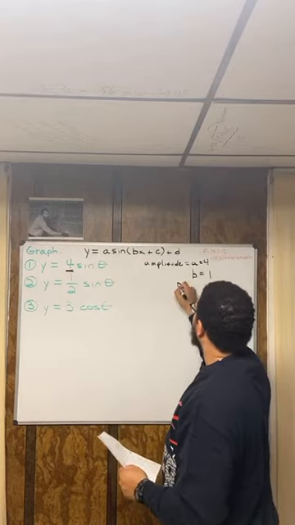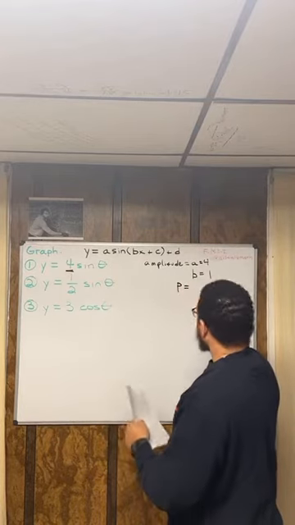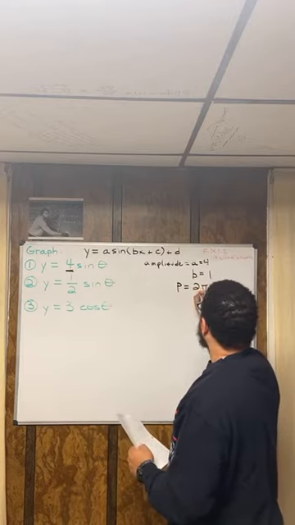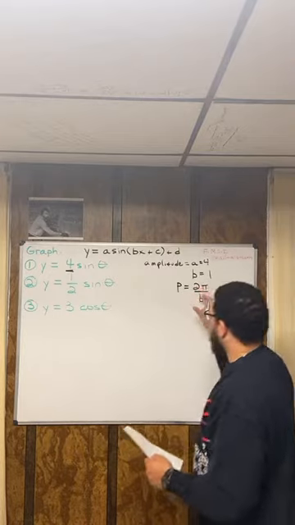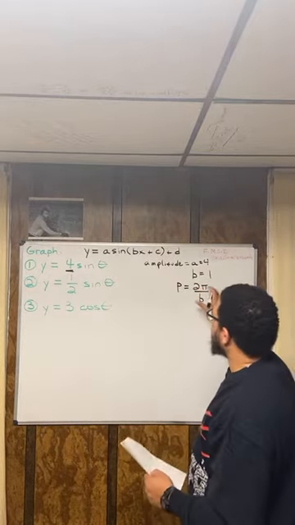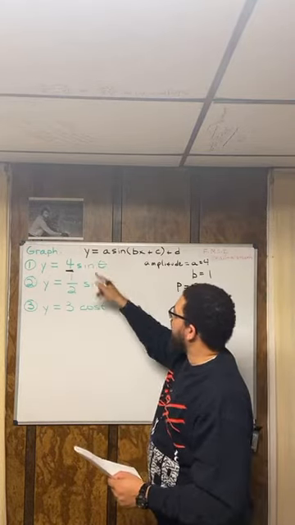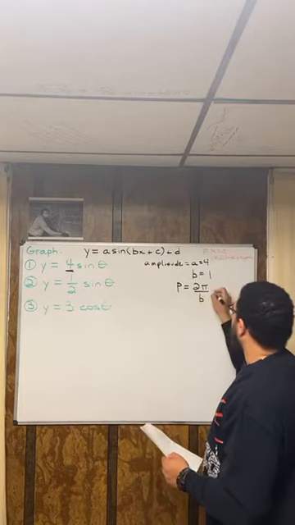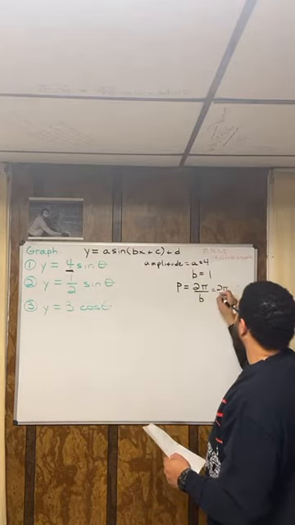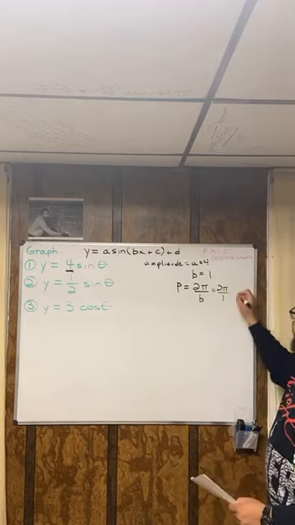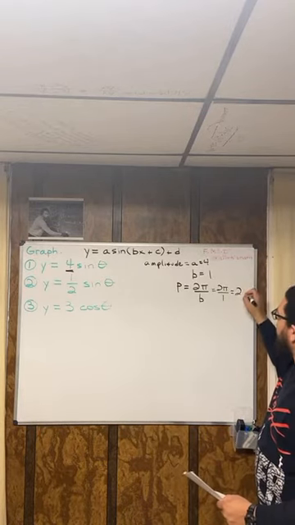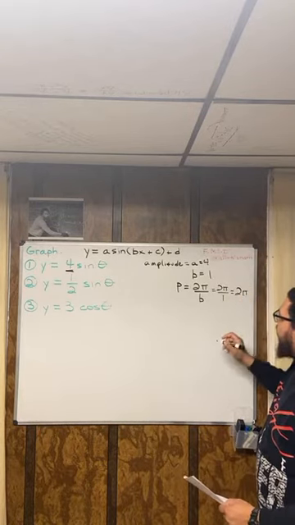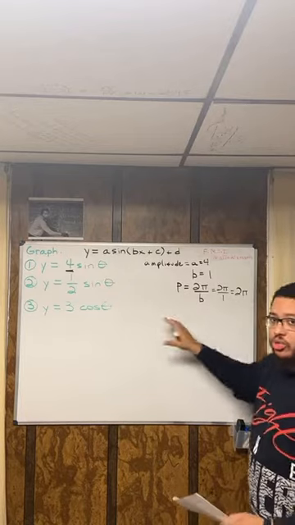We say capital P, which stands for period, is 2 pi divided by B. Now, 2 pi, of course, is in radians. B is the value that's in front of theta. So in this case, it's 1. So we're doing 2 pi divided by 1, which is equal to 2 pi, right?